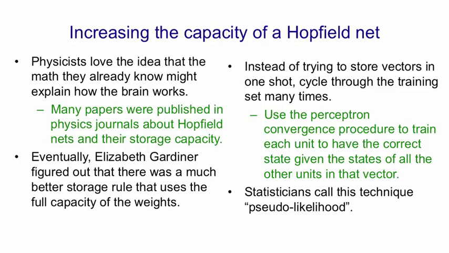The main difference between the perceptron convergence procedure as it's normally used and pseudo-likelihood is that in the Hopfield net the weights are symmetric, so we have to get two sets of gradients for each weight and average them. But apart from that, the way to use the full capacity of a Hopfield net is to use the perceptron convergence procedure and to go through the data several times.